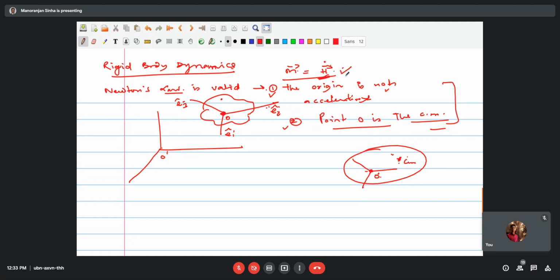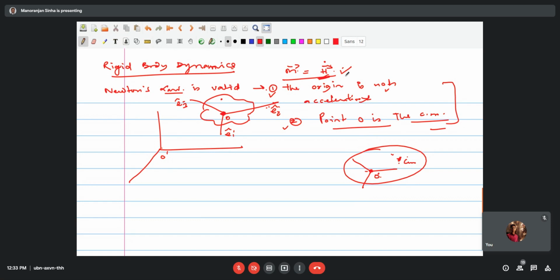If the time permits, maybe in the next class we can take up that particular part. Sir, you mean that if O is center of mass, then irrespective of accelerating or non-accelerating, that will be true? You said that this M is equal to H dot is valid only if O is not accelerating, or either it is the center of mass.